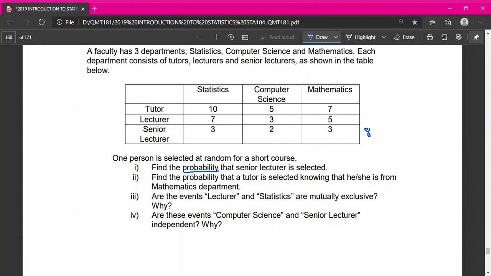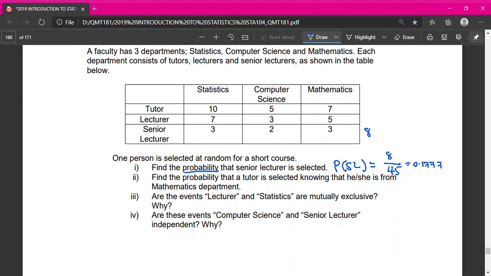Second column is 10. Mathematics ada 15. So, altogether 45. Let's say ini adalah event senior lecturer. So, I buat SL, which is 8 over altogether 45. Kalau nak buat dalam bentuk perpuluhan pun boleh. So, it will be 0.1777.